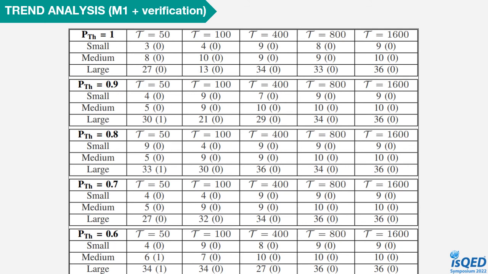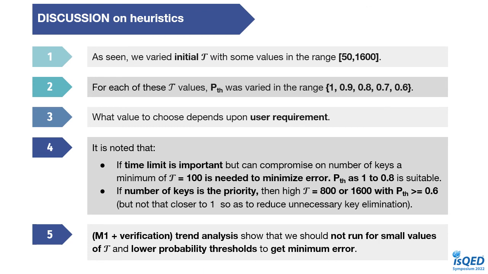Minimum we should keep it at 100, and then we can increase it to 800 or 1600 as we have done in our work. So we have varied tau from 50 to 1600 and probability threshold from 1 to 0.6, and I have explained how varying these parameters affects the number of keys and wrong keys. It is totally dependent on the user what to choose.